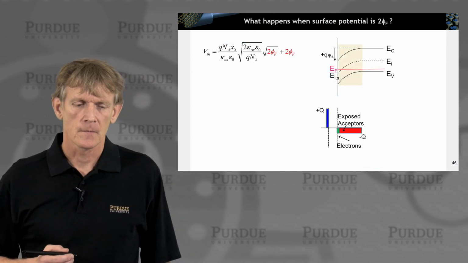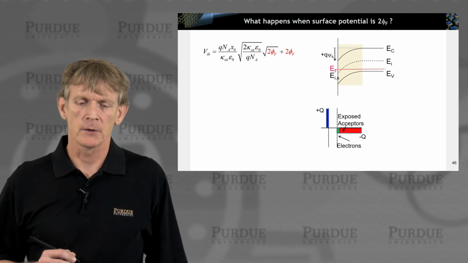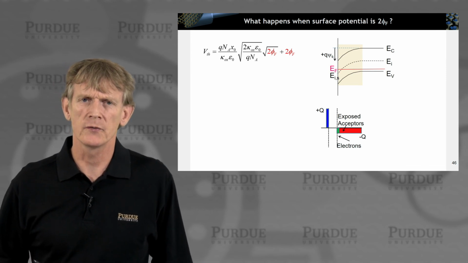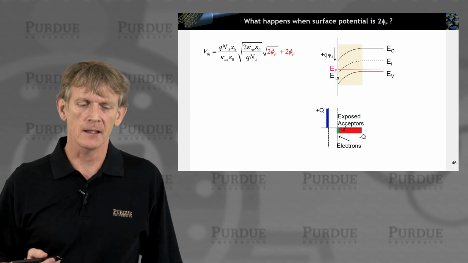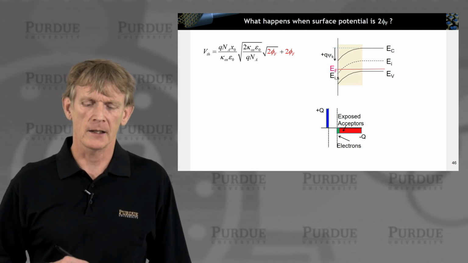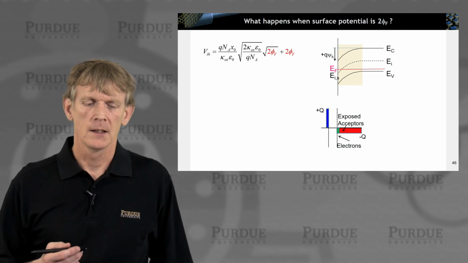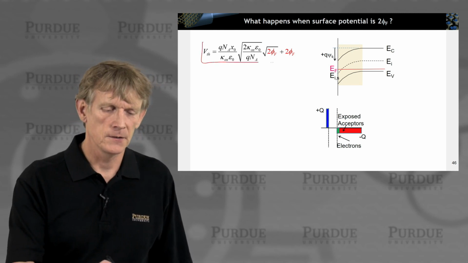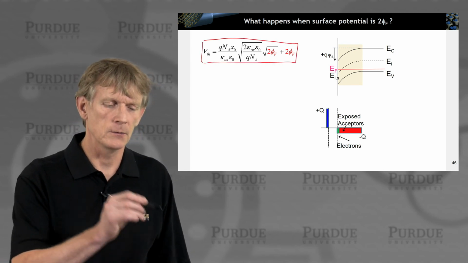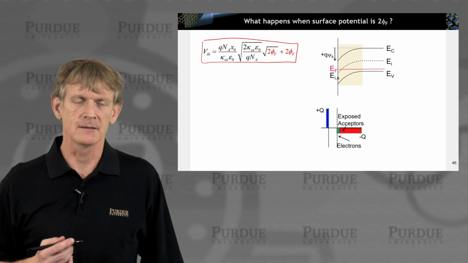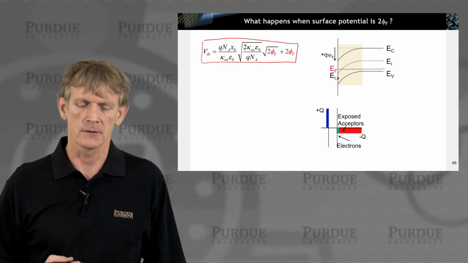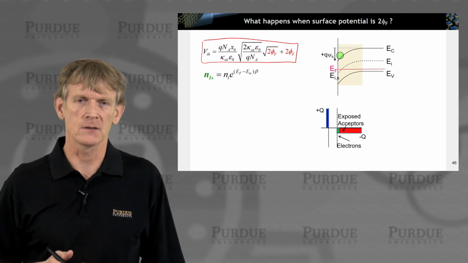Okay. So let's ask now, what happens when the surface potential is 2 phi f? We're just taking the same expression and plugging in the applied voltage when psi s is 2 phi f. What does that mean? We're going to look at the number of electrons in the system.